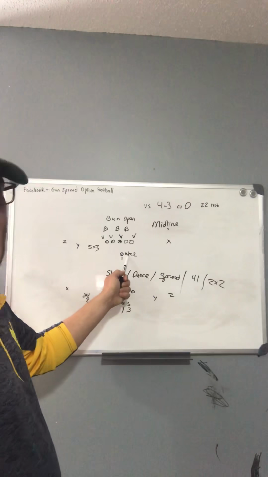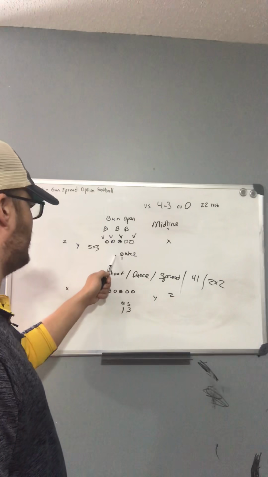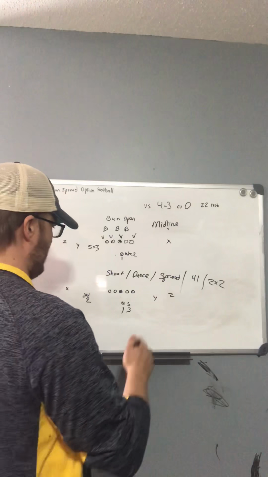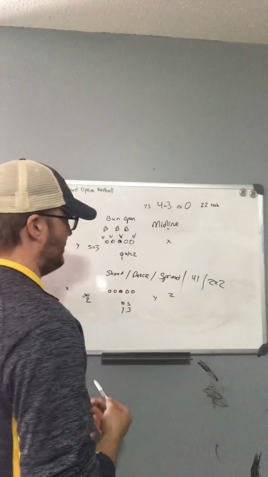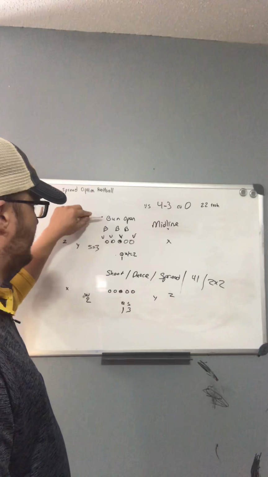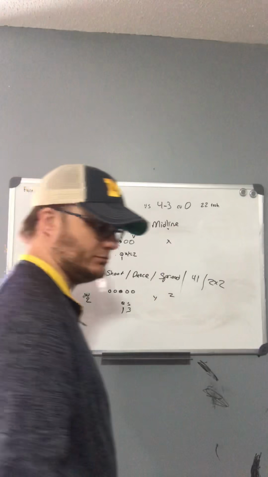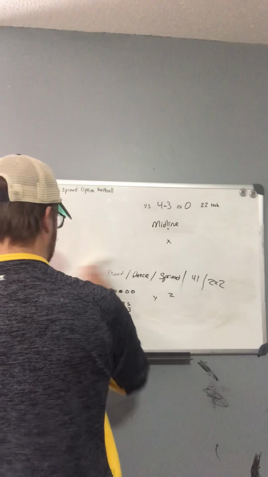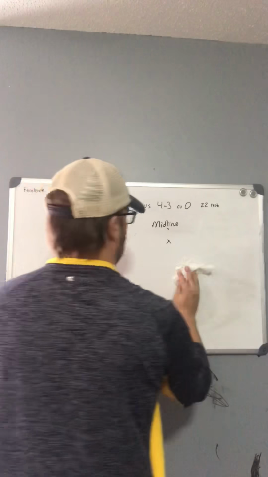Midline will always be to the back side. You can't run midline over here without a running back. So all we call in a huddle is the formation and midline. That's all you have to do. It's very simple.